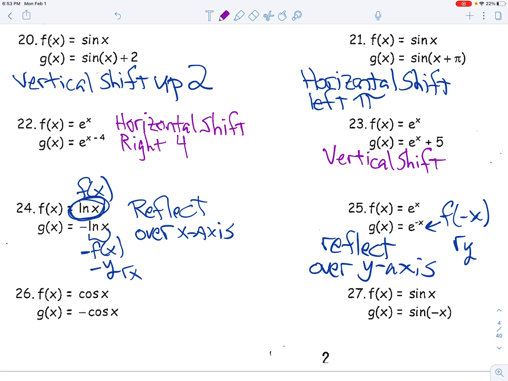The sign does dictate the direction in a vertical shift. Plus 5 means it's going up 5 units. Up 5, people.